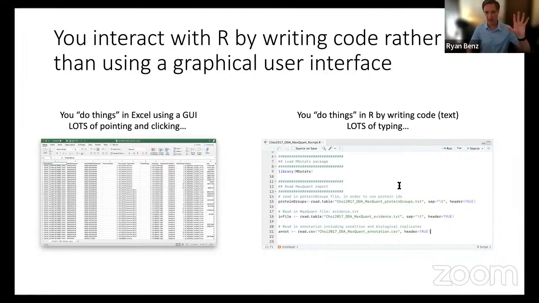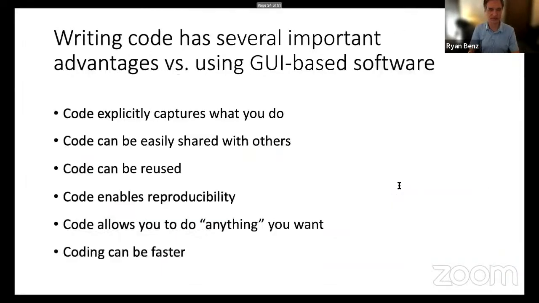So imagine a workflow in Excel where you are maybe filling some data in and selecting cells with your mouse, and then selecting a menu option from the menu bar and selecting make a plot or something. All of those steps get encapsulated in code.